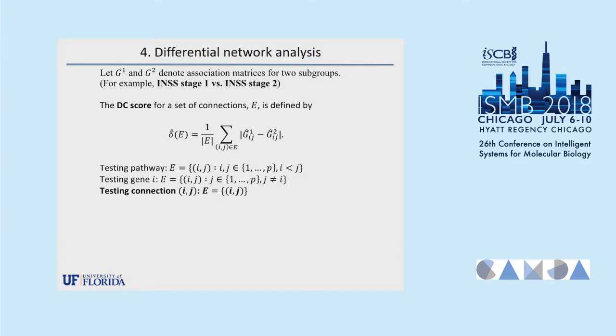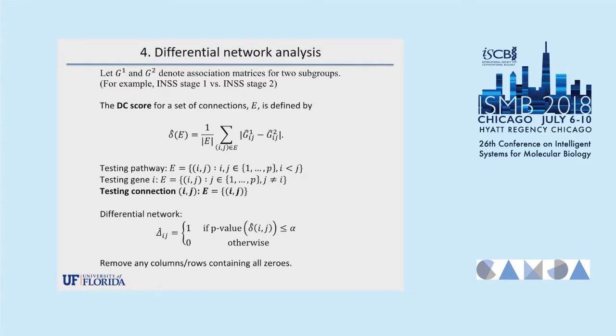Or I could test if a single gene is differentially connected, in which case I would sum over just the connections for that particular gene. Or I can test a single connection, in which case it would just be the difference of that association measure between the two groups. And then the differential network will be all of those connections that have a significant difference.